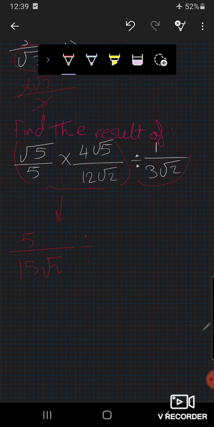Divide by this one, 1 over 3 root 2. First of all, I write the first fraction as it is. And what about divide? Change it into times and the reciprocal of the second fraction. So it will be 3 root 2 over 1. So the answer will be just 1.